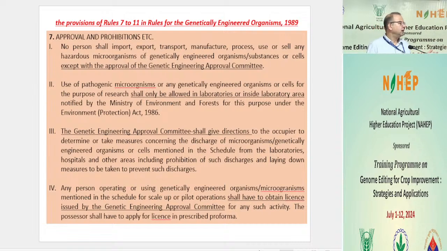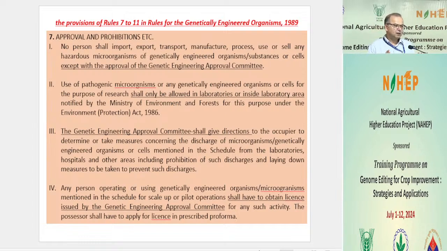I would say, why should I need permission? I can do it myself because I am not giving it to farmers or any stakeholder. But no, since you are scaling it up and growing on a larger scale, you have to have permission. So in one way, for anything with the GMO you need permission from GEAC.